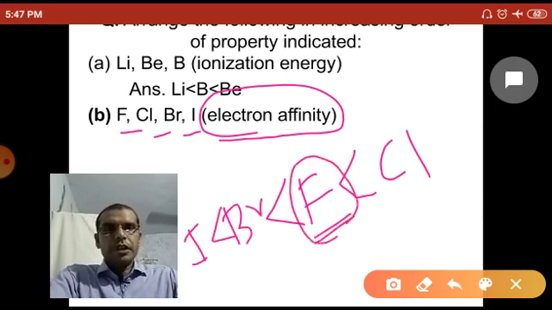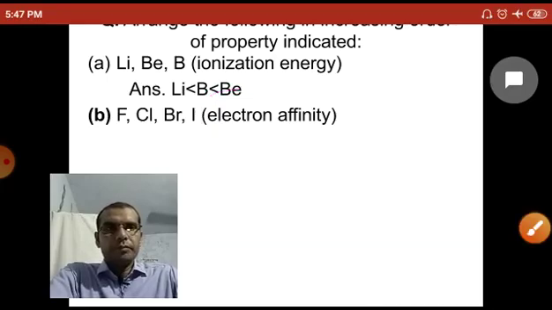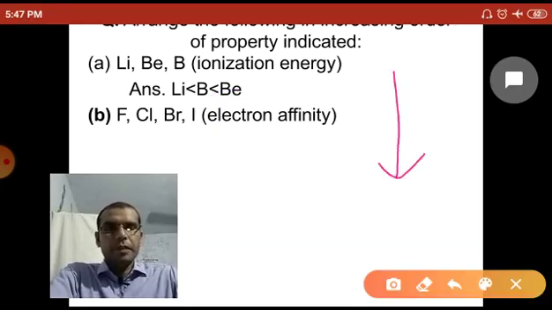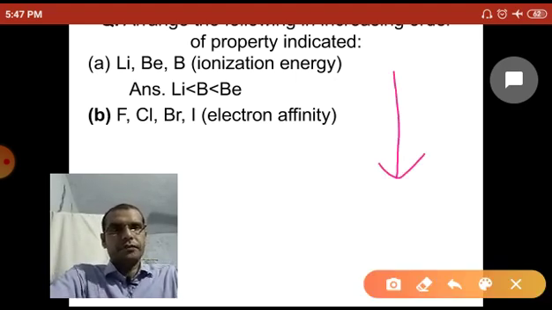Fluorine has less electron affinity than chlorine due to the crowding of electrons in its second shell, the L shell. So due to that, chlorine has more electron affinity than fluorine. But whenever we move from top to bottom in a particular group, the electron affinity decreases. But exceptionally here, chlorine has more electron affinity than fluorine.